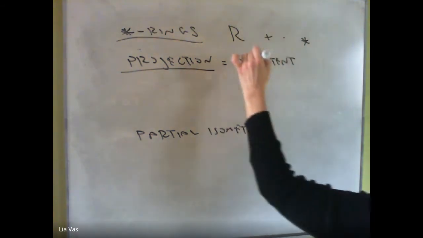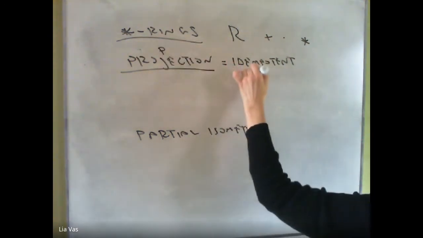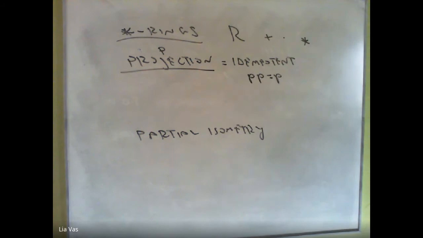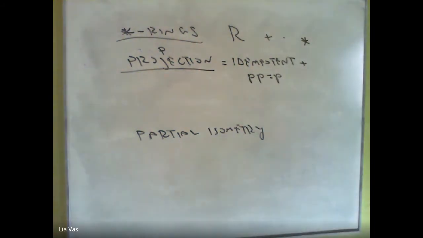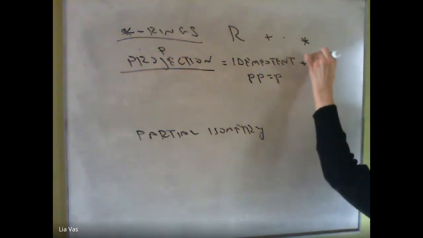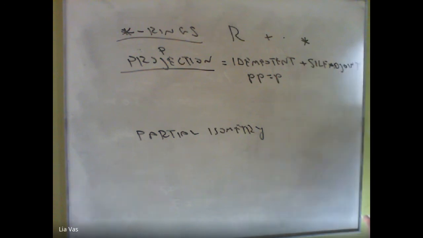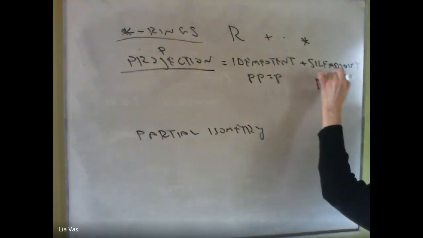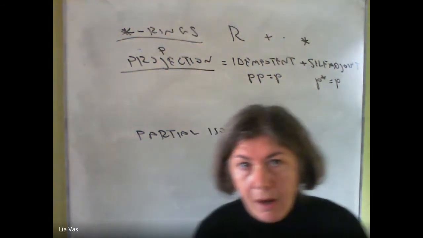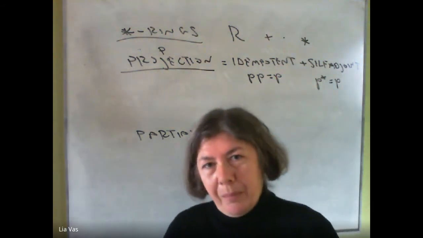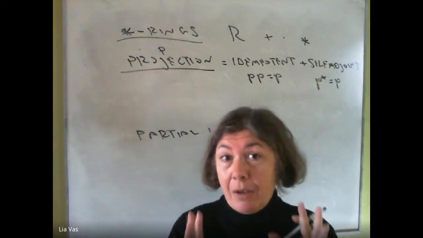What does that mean? Let's call the projection P. Idempotent means that P times P is P. And it is self-adjoint, which means that P star is equal to P. So you see, in the world of star rings, idempotents are nice, but these projections are even nicer.